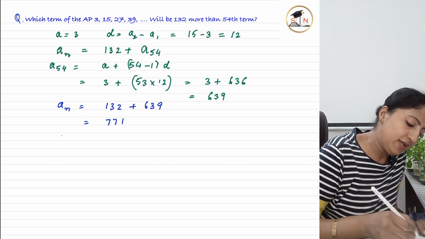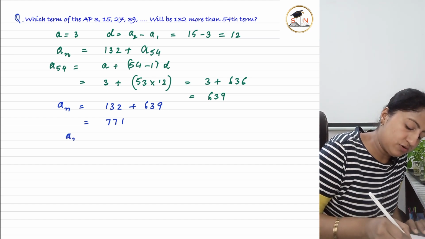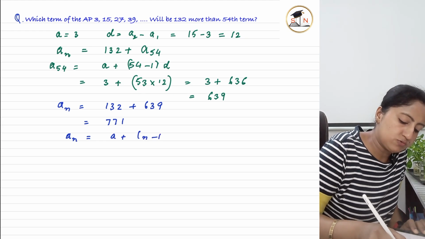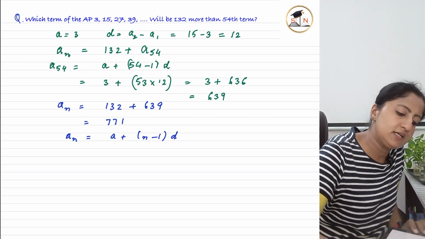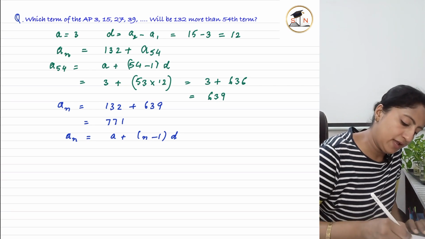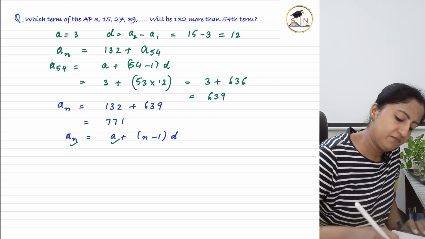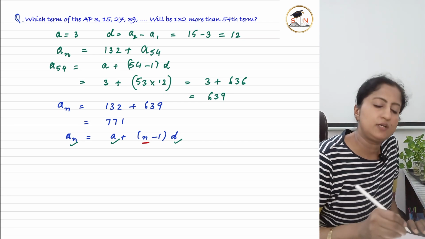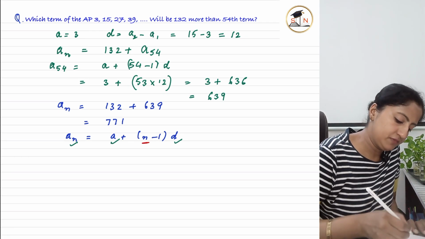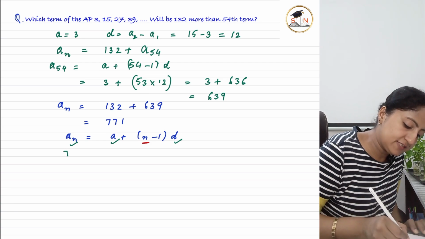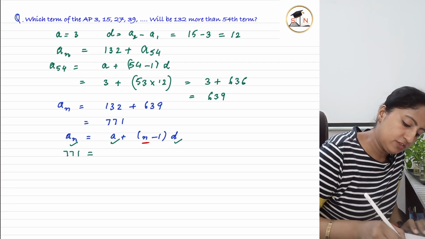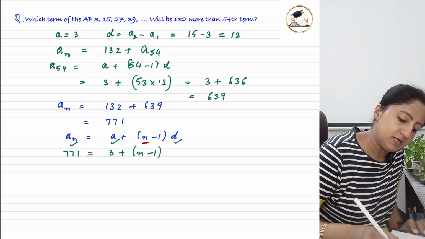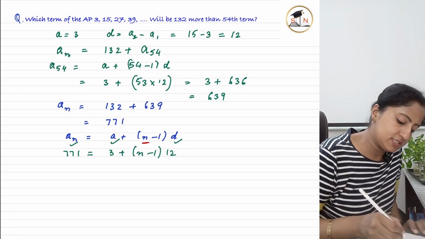Now, we also have a_n as a plus (n minus 1)d. In this relation, we know a_n, we know a, we know d. What we do not have is n. So let's plug in all the values that we know, and it will become 771 equals 3 plus (n minus 1) times 12. Let's solve it.